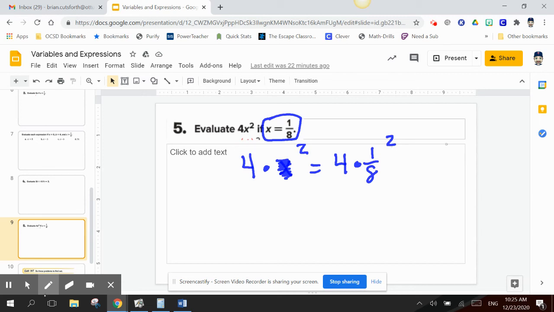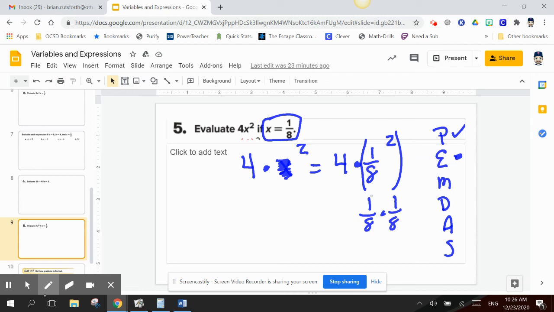So I have to remember my order of operations again. Here's my PEMDAS. There are no parentheses. There is an exponent. So I have to do the exponent first. My exponent is 1/8 to the second power. That's 1/8 times 1/8. 1/8 is my base number, 2 is my exponent. I multiplied 1/8 twice, which is 1/64.